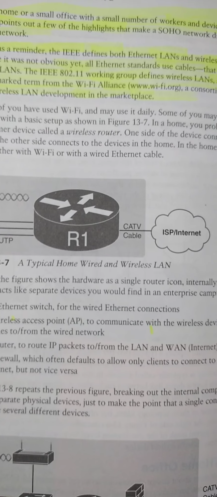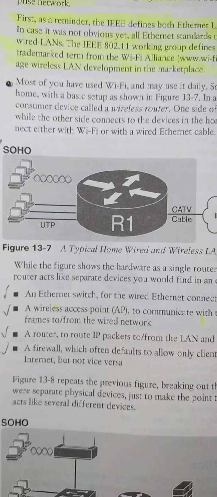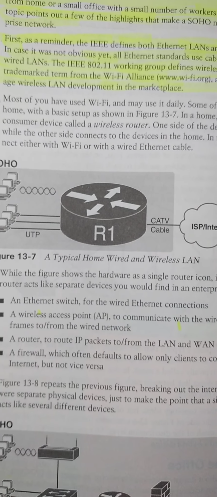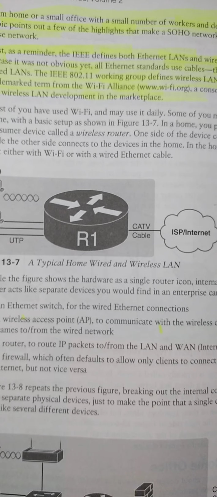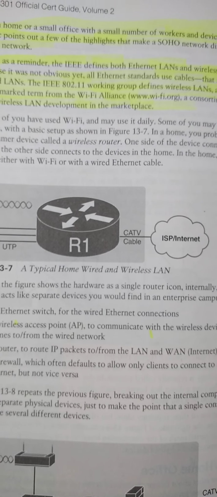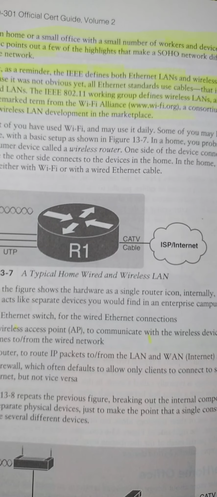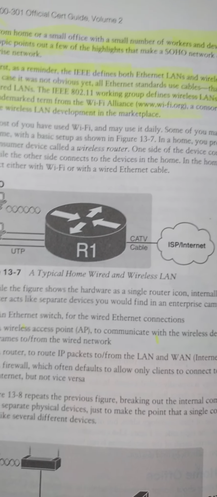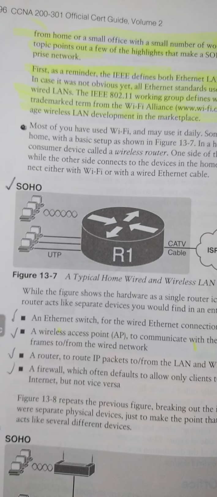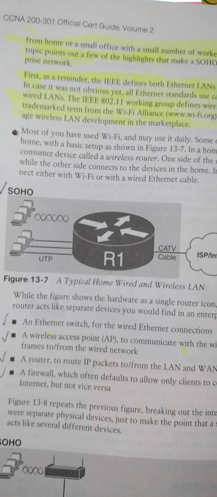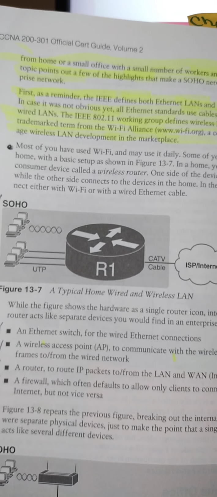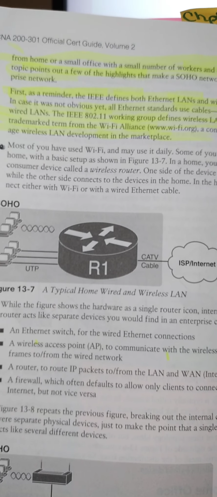Most of you have used Wi-Fi and use it daily. Some of you may have set it up at home with a basic setup, as shown in Figure 13-7. In a home, you probably used a single consumer device called a wireless router.